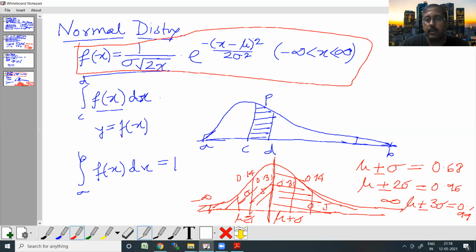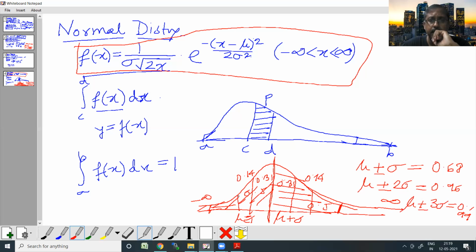The probability is represented by the area under the curve. From minus 3 sigma to plus 3 sigma, with mu being the middle point, the total probability is 0.9973 or 99.73%, right? So this is a very important factor.